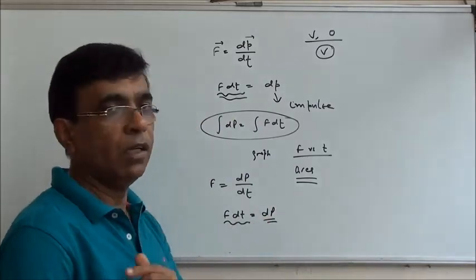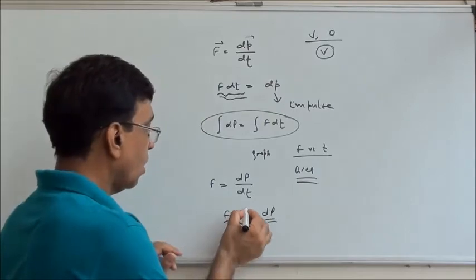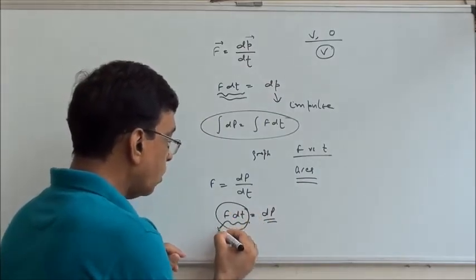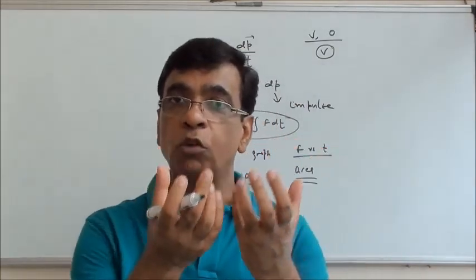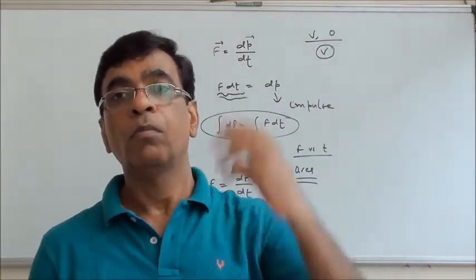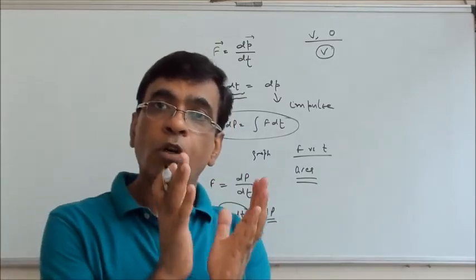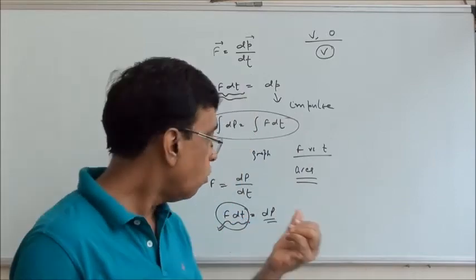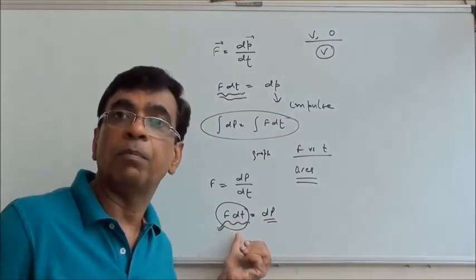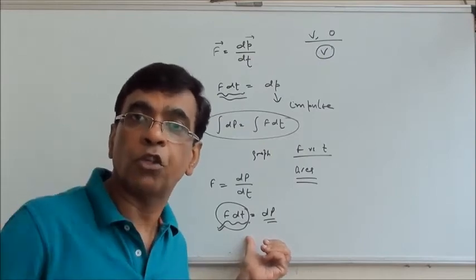For a given change in momentum, we need to apply force, whether we want to stop a body or set it in motion. How much force we need to apply depends on the time taken to accelerate or stop the body.